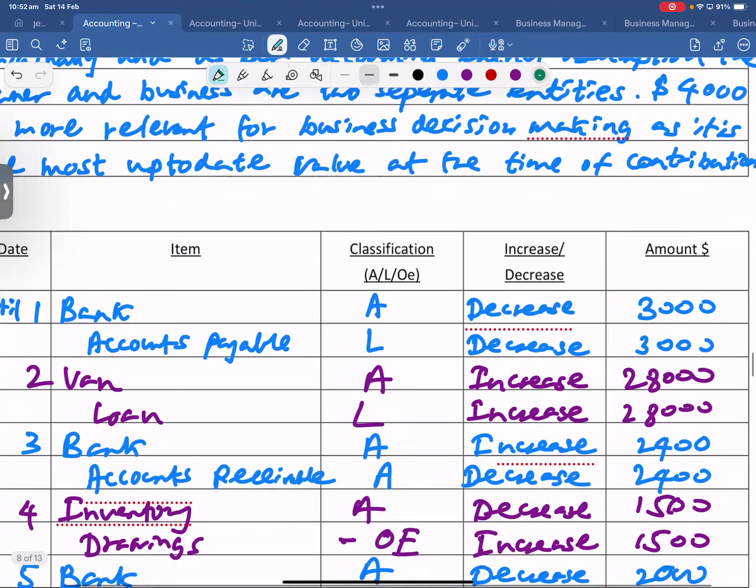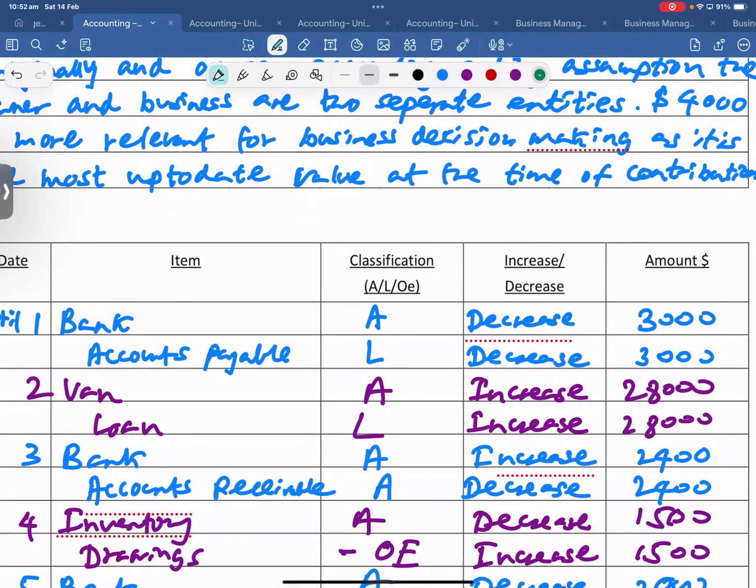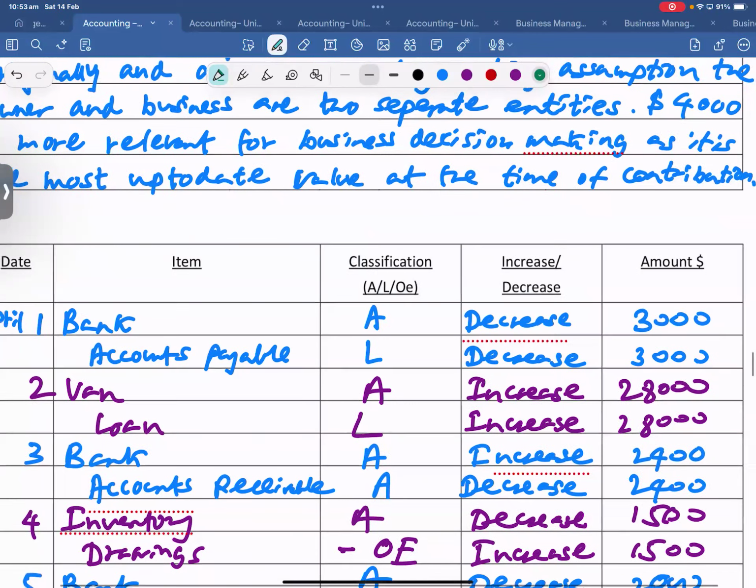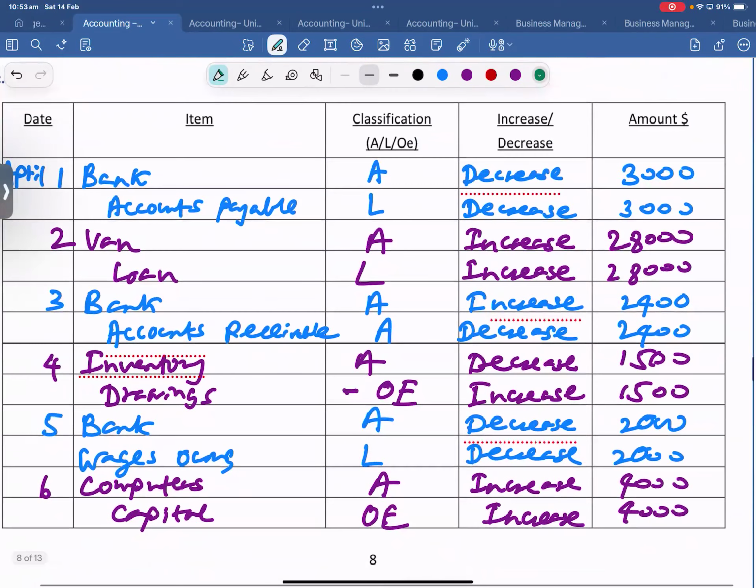Please take down like this: inventory, asset decrease.